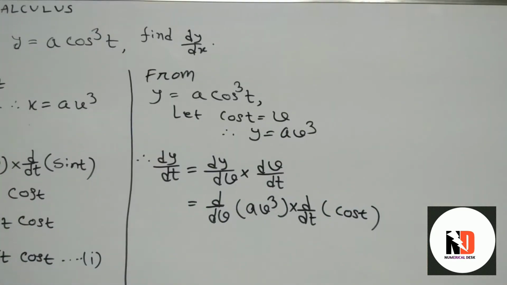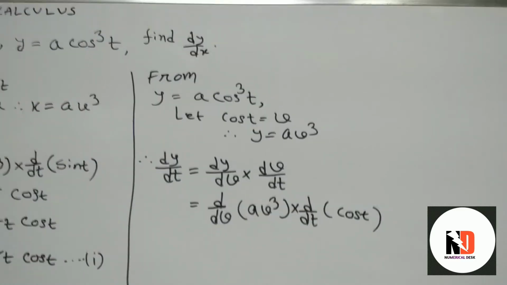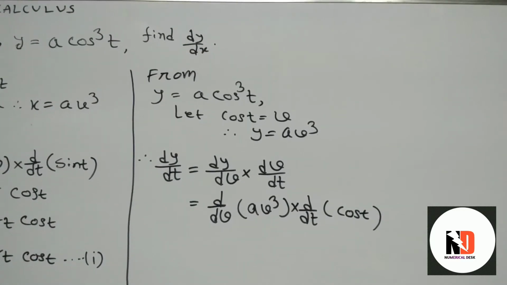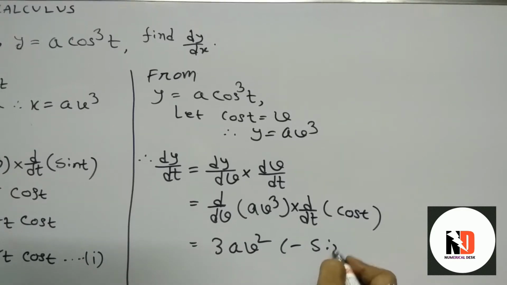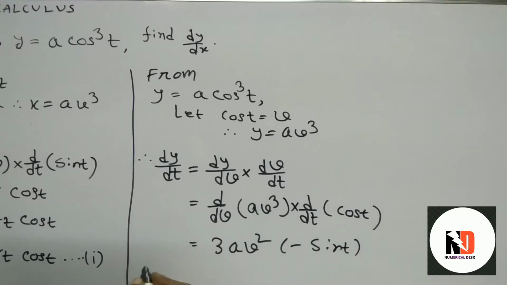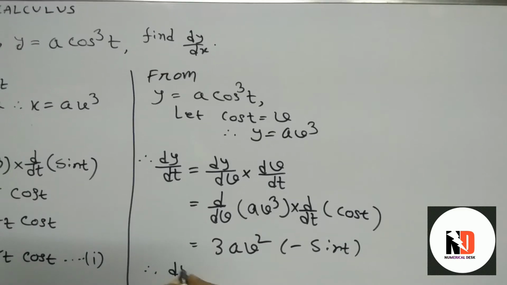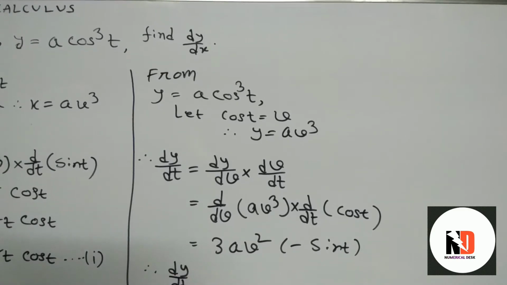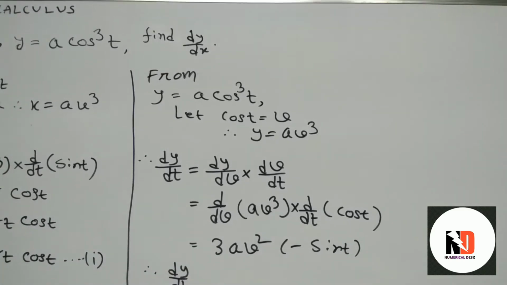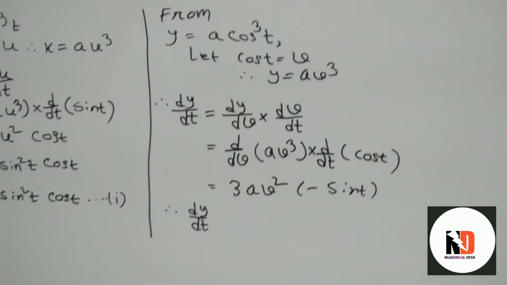Very good. Now let's see what happens in the next step. So a is constant, it must come out at first. So it is equal to 3a v square and minus sin t, putting the value of v. Let us do the sum.